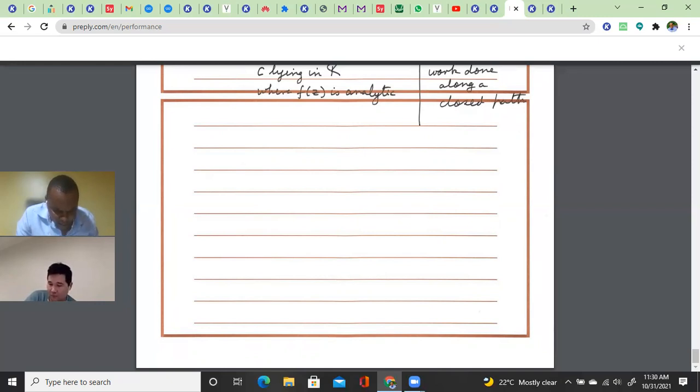Cauchy's theorem. I'm just calling it Cauchy's theorem. I see they brought in the name of a person. Cauchy integral formula. Power series, Taylor series. Oh, even these ones are not any simpler. Laurent series, zeros of a function. All right.